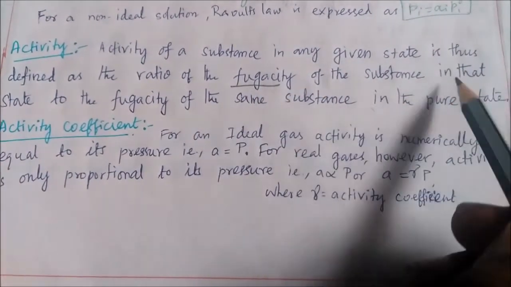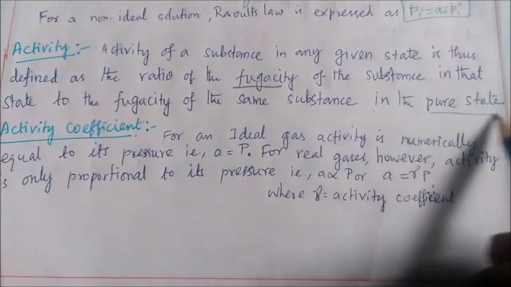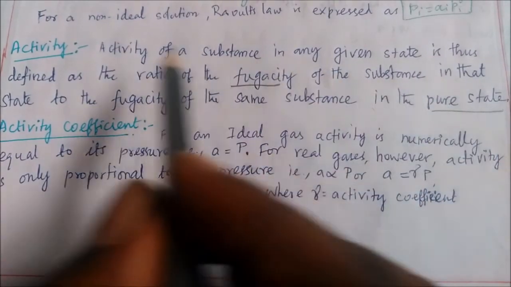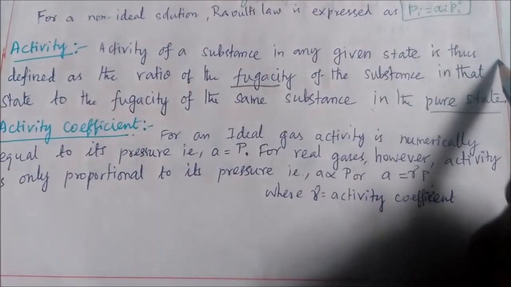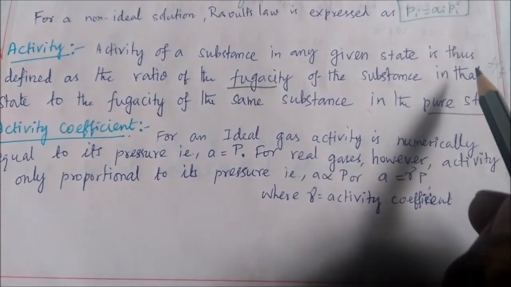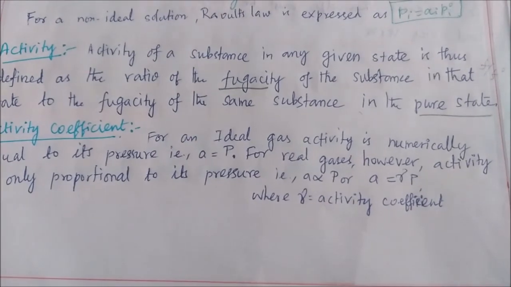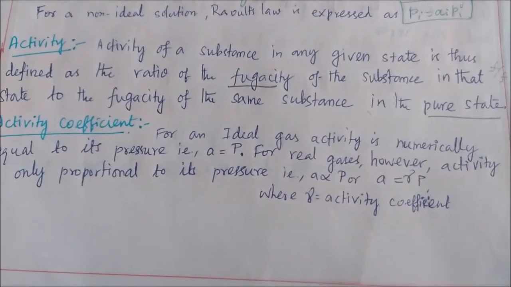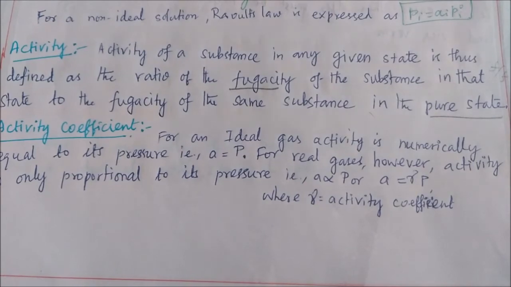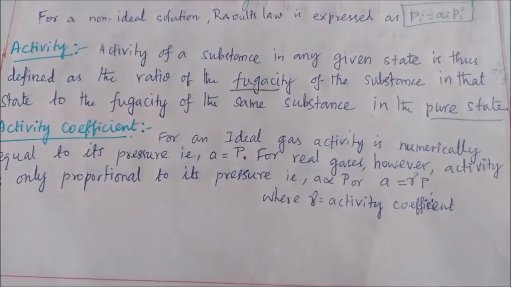This ratio is known as activity. So the ratio F divided by F0 can be equated to A, that is, the activity of the substance. We can get an explanation about fugacity in another video.